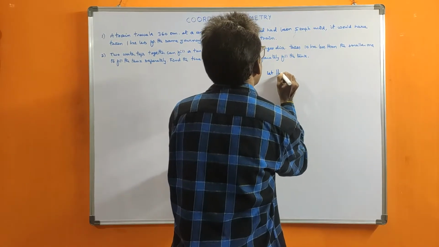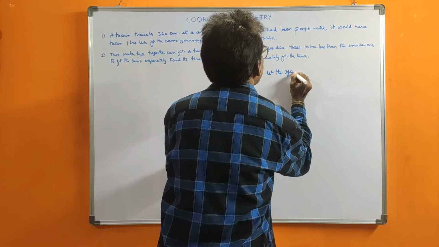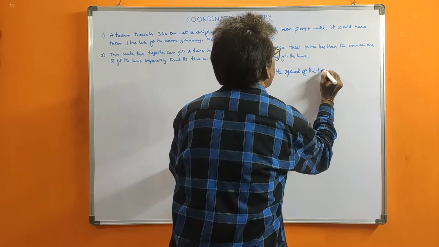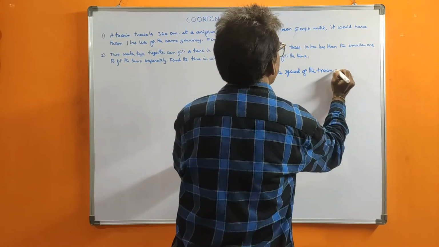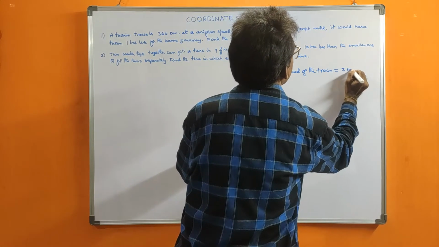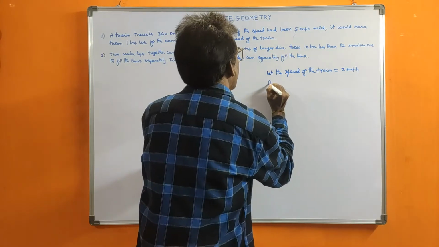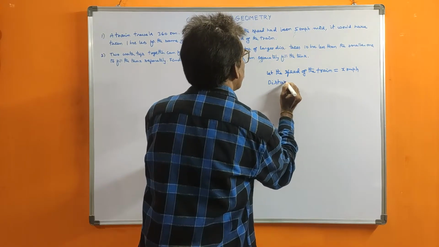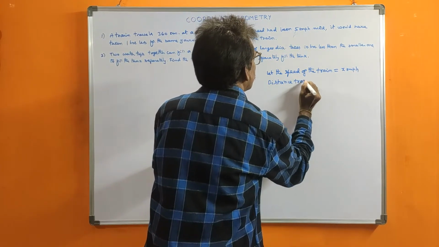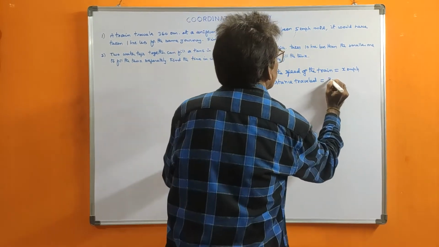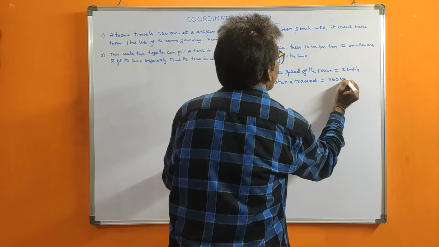Now, let the speed of the train be x kmph, and the distance travelled is equal to 360 kilometers.